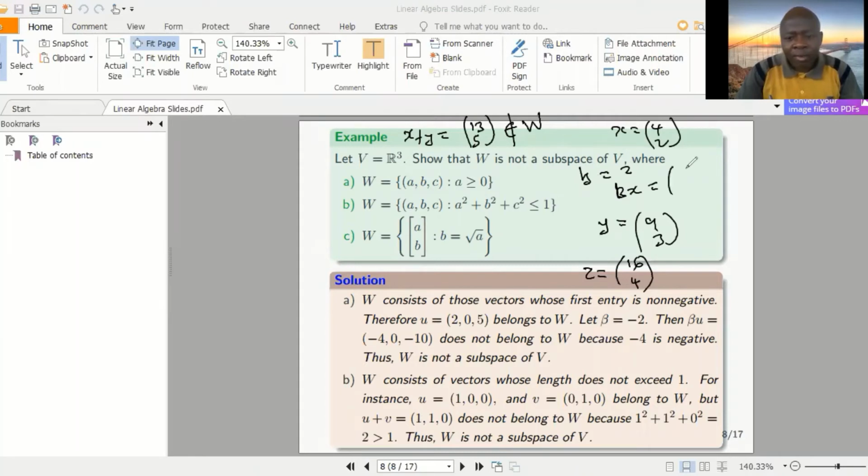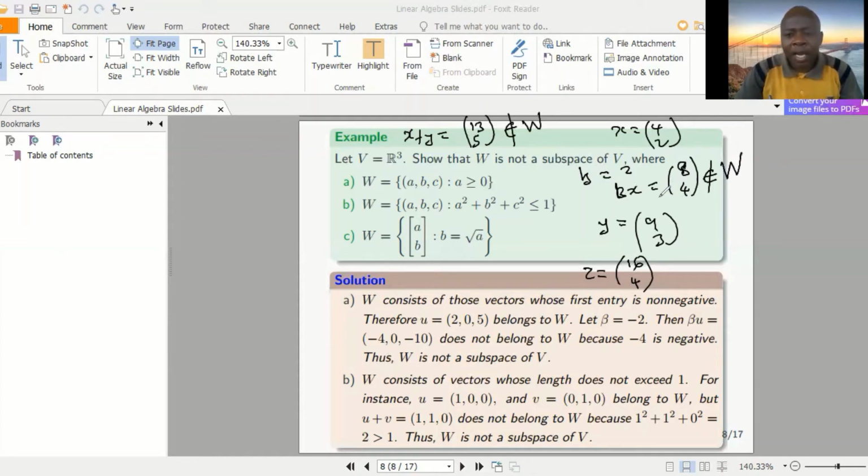Beta x will be 8, 4. Is this product in W? That means, is this 4 the square root of 8? You discover that 4 is not the square root of 8, and therefore this product is not in W.